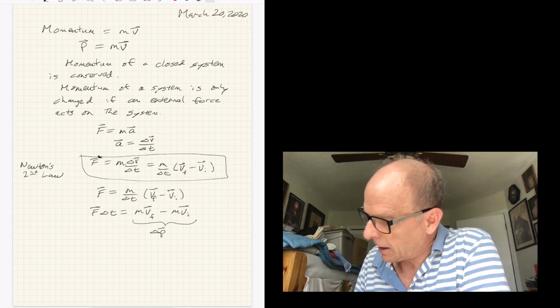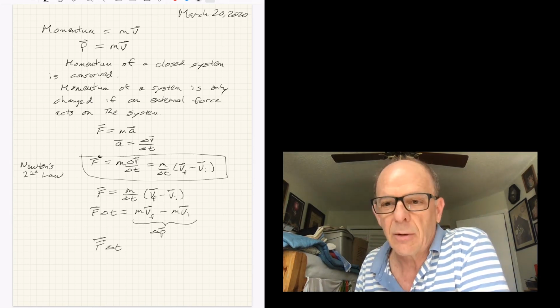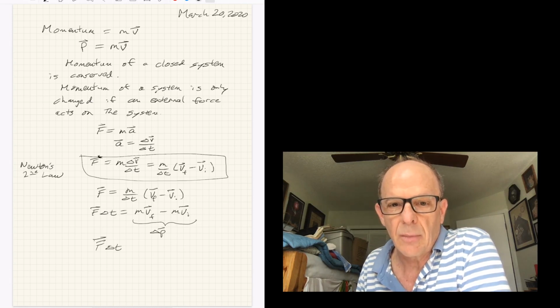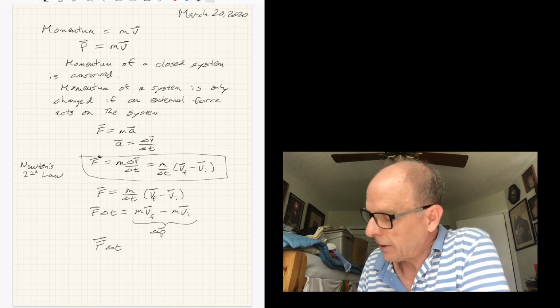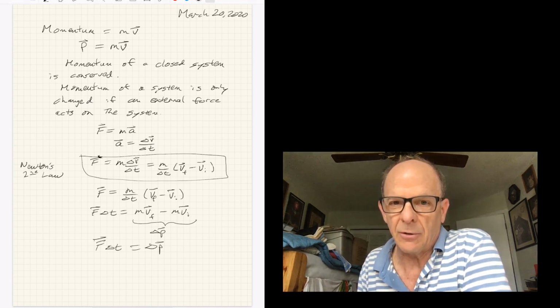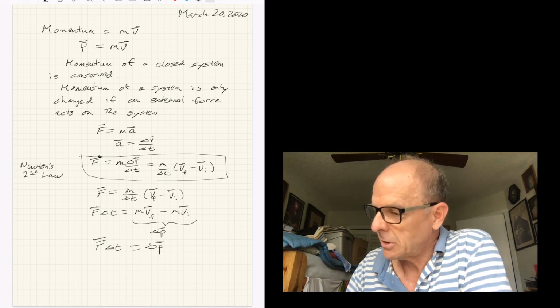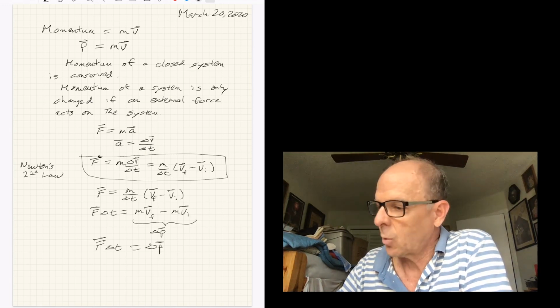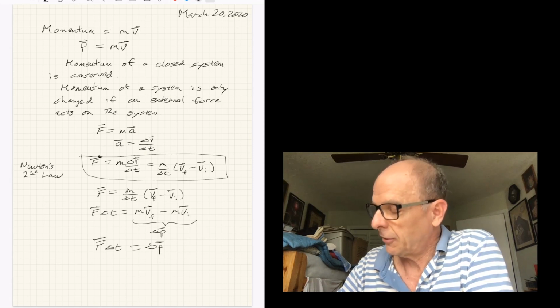So we now see that Newton's second law basically says the force acting on a system times the time that that force is acting on the system is equal to the change in momentum of that system. So the bottom half here is saying in equations what is said in the top half in words, that the momentum of a system is conserved.